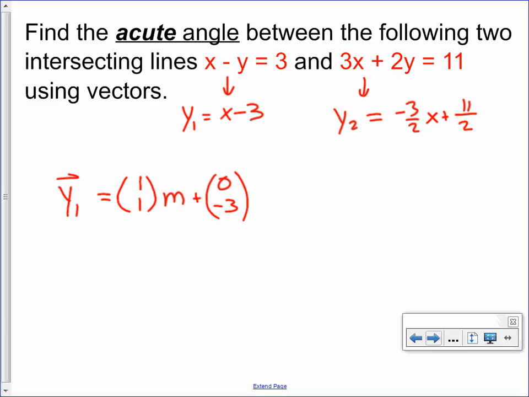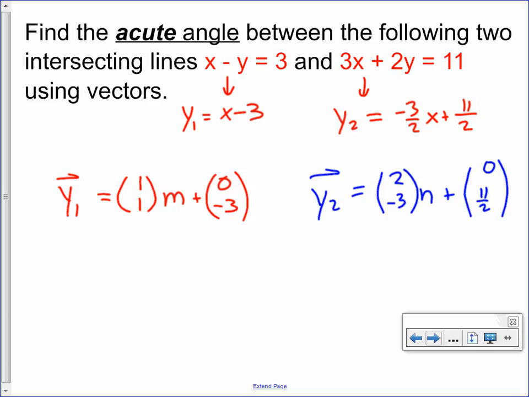All right. Here we go. This second one, y2, has direction n plus 0, 11 over 2. See, aren't you glad we did this? It's even better.